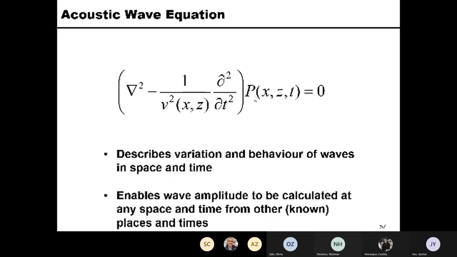For ma, this particle, this pressure or particle movement, the first order derivative is velocity, and the second order derivative is acceleration. F equals ma. M is density, which we canceled. A is this term here. Hooke's law tells you the strain and stress relationship.